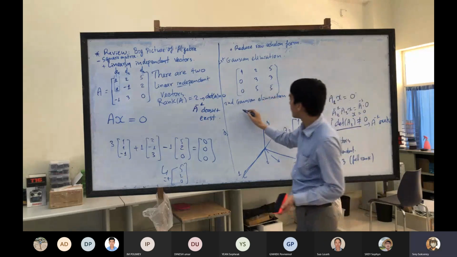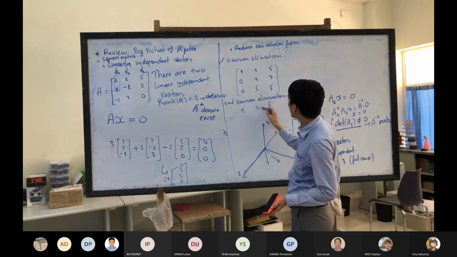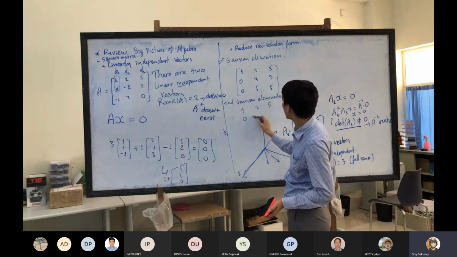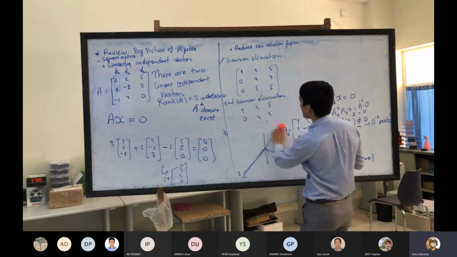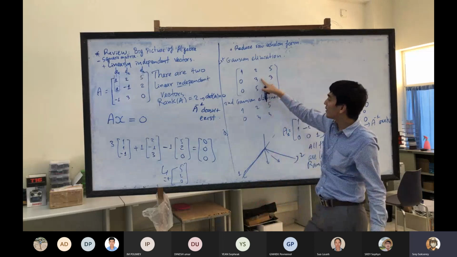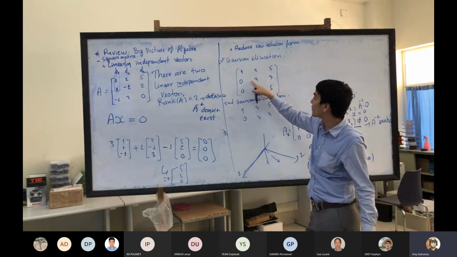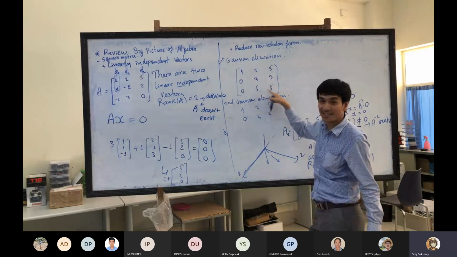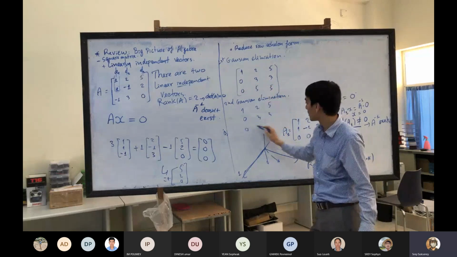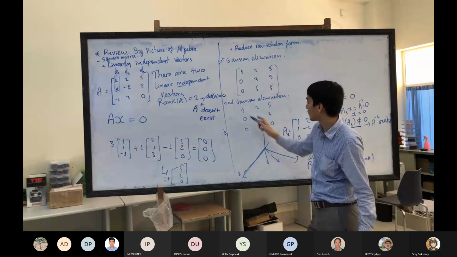This one stays the same, and this one you can keep also, and this one multiply by -5/3 and add to this, you will get 0, 0, 0.